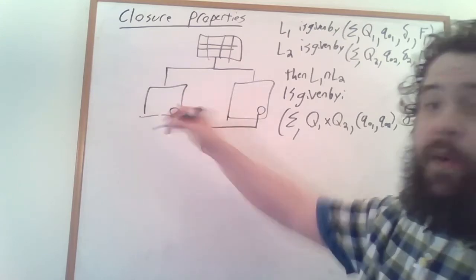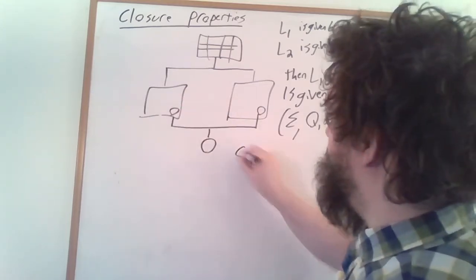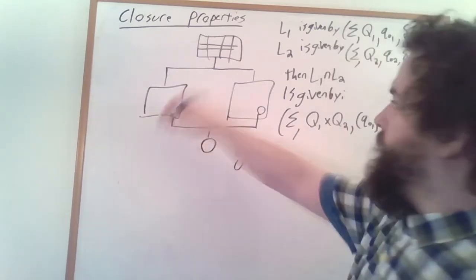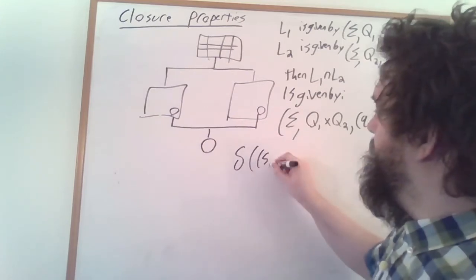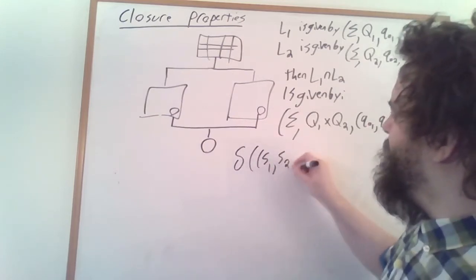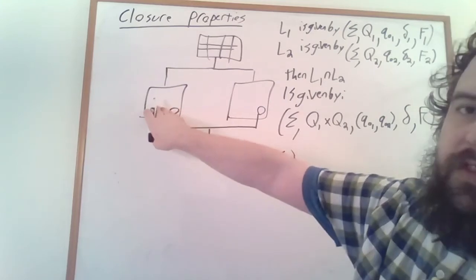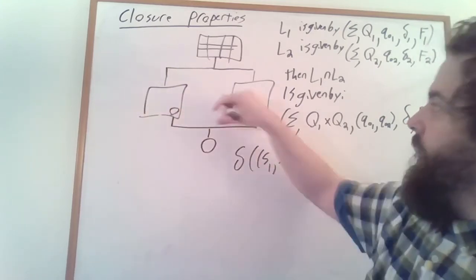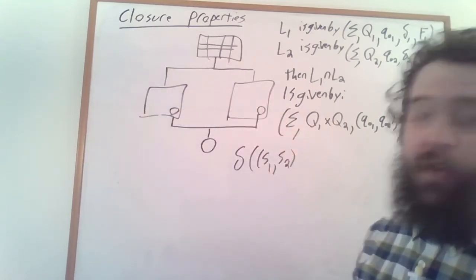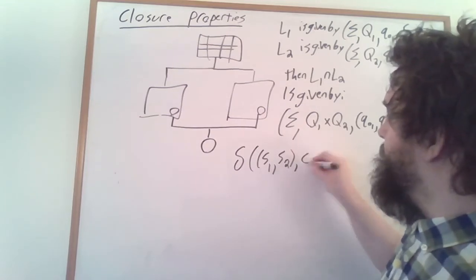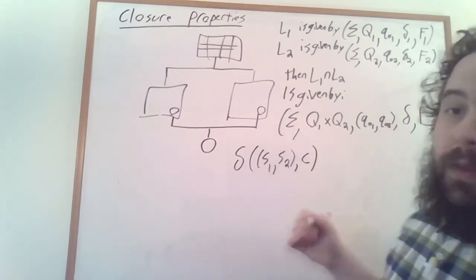In order to update the state of this system, suppose that this system is in the state S1, comma S2. So the first machine is in state S1 and the second machine is in S2, and we read a character C. Well, what's going to happen?